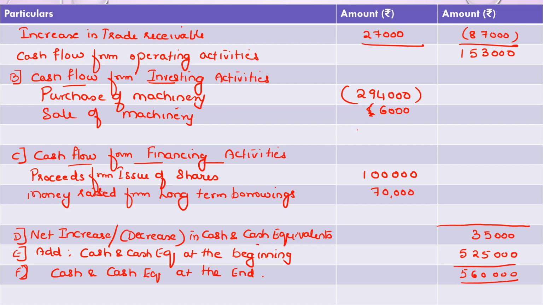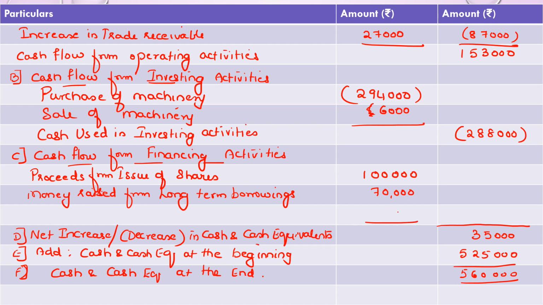Now total this up and see. So we get an outflow of 2,88,000. So this is called cash used in investing activity. And finally, the last one we are going to have is an inflow of 1,70,000.